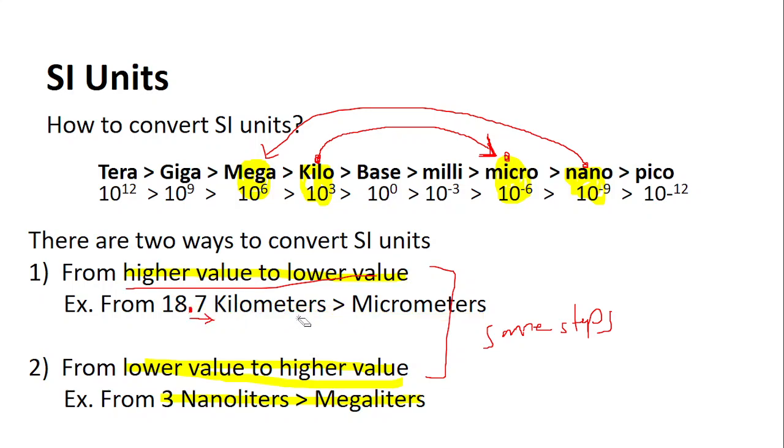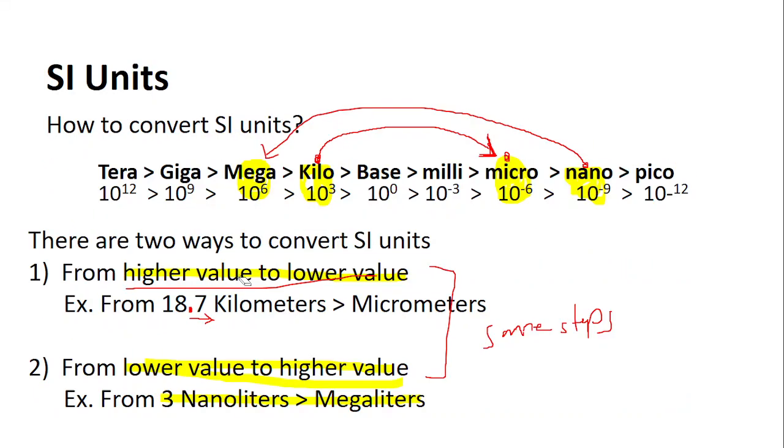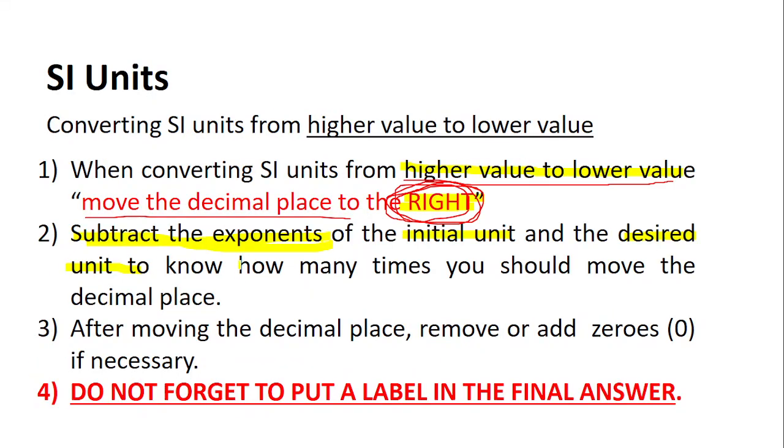Now, to know how many times kita ma-move, amo na ini siya. You will subtract the exponents of the initial unit and the desired unit to know how many times you should move the decimal place or decimal point.